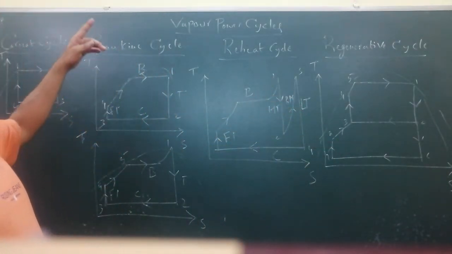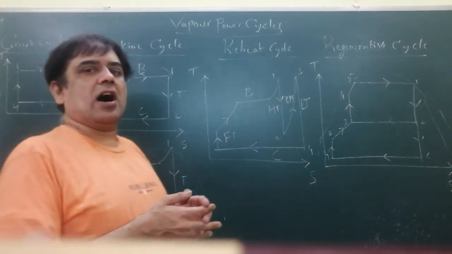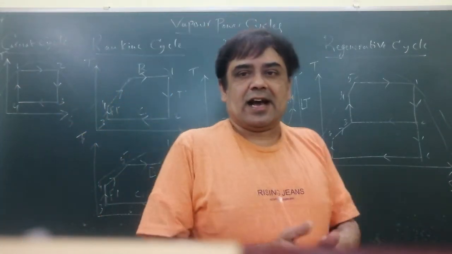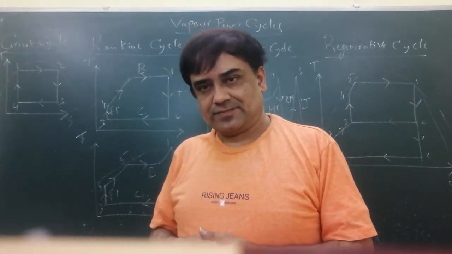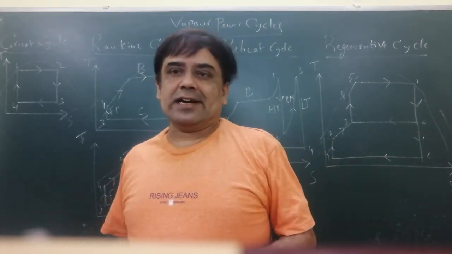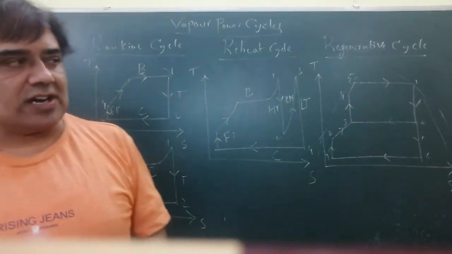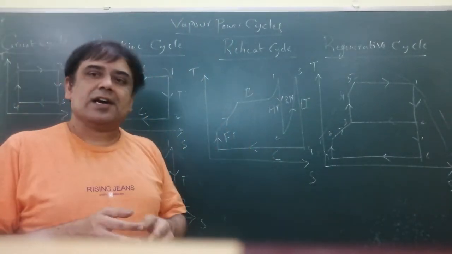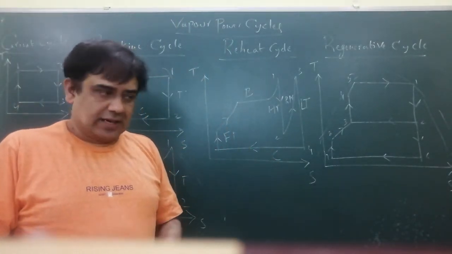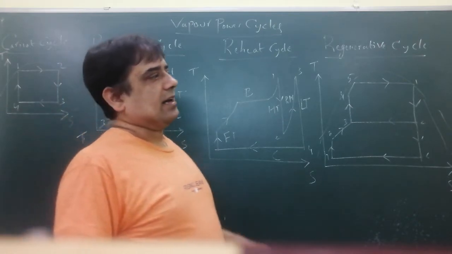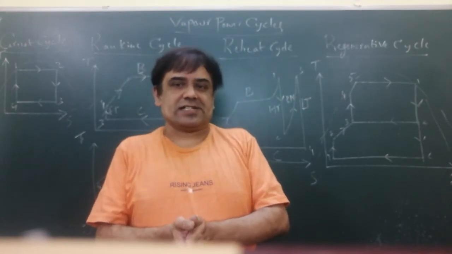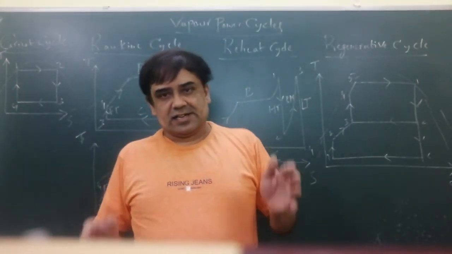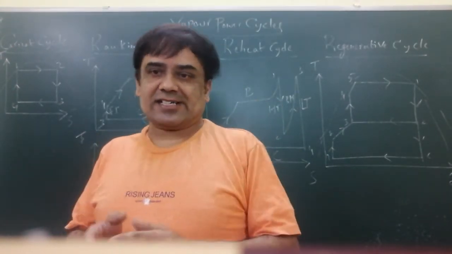As said, the parent steam or vapor power cycle has 5 children. I will begin with Carnot cycle. While studying air standard cycle, the first one was the reference cycle, Carnot cycle. It was conceived by one of the very famous thermodynamicist cum physicist, Nicolas Leonard Sadi Carnot.